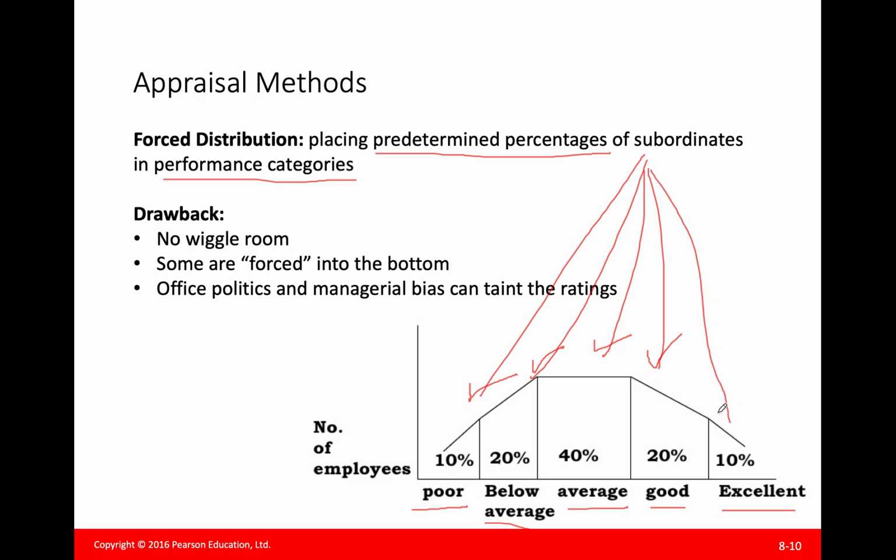Yes, so we decide that 10% of the subordinates perform very poorly, 20% perform below average, 40% perform average, 20% are very good, and 10% are top performing, excellent.